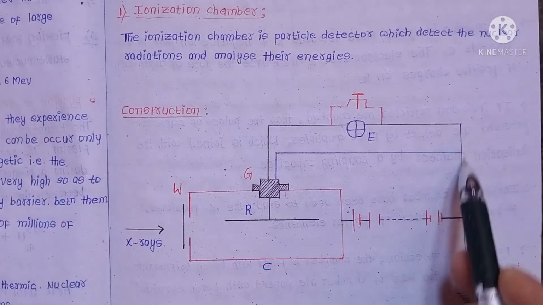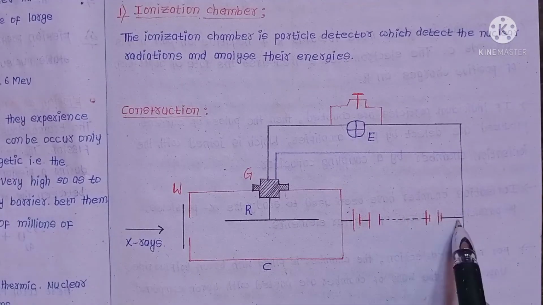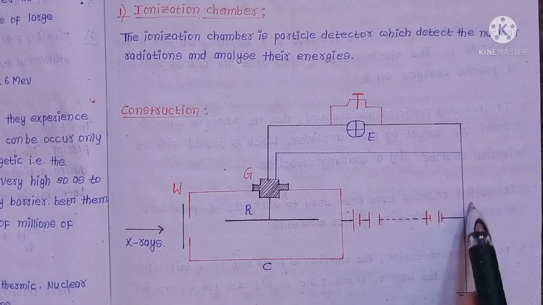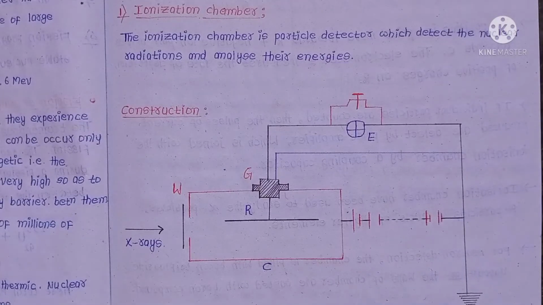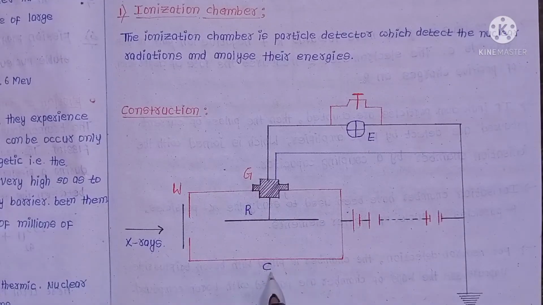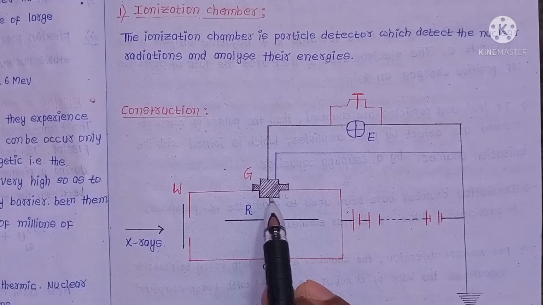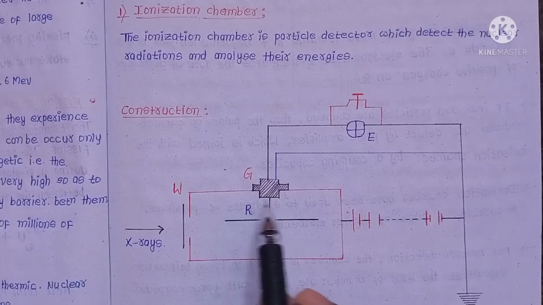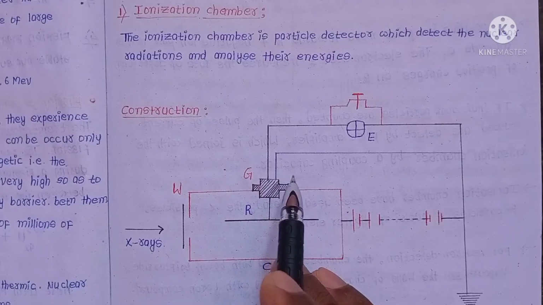Next, this electrometer is connected to the capacitor which is also connected to the cylinder C, and this is directly coupled with the amplifier which amplifies the signals coming from this metallic cylinder. Next one is the earthed guard G, which is placed over this metallic cylinder C. The main purpose of placing this earthed guard is to prevent the leakage of any charges from this cylinder.